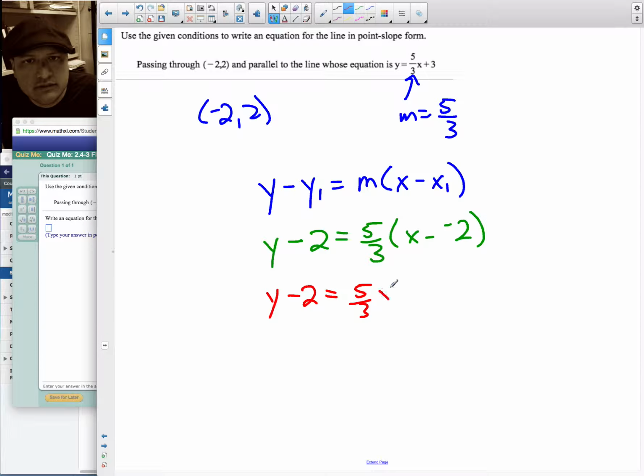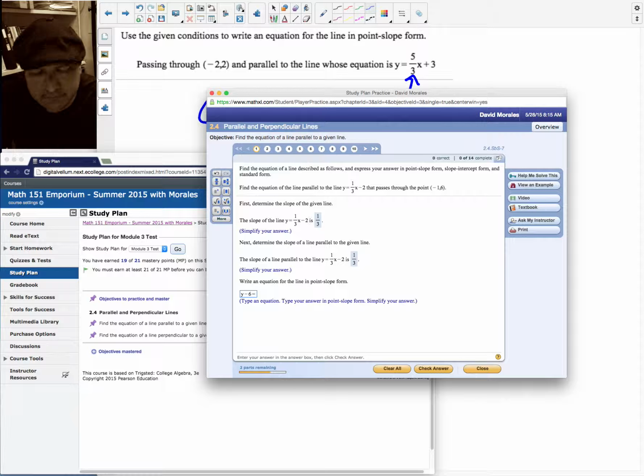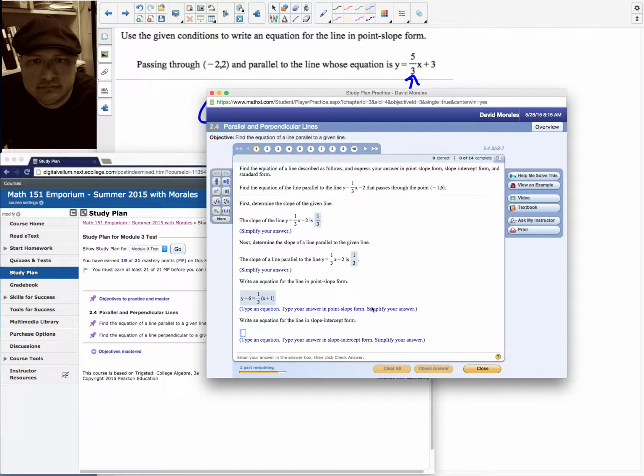The slope here is 1/3. The slope here is 1/3. I think it wanted point slope form. y minus 6 equals 1/3 x plus 1.